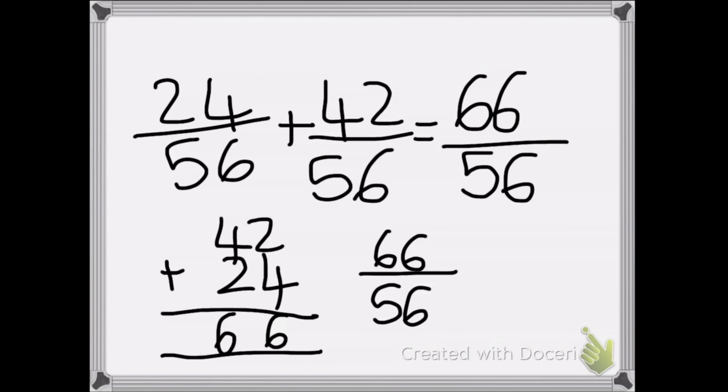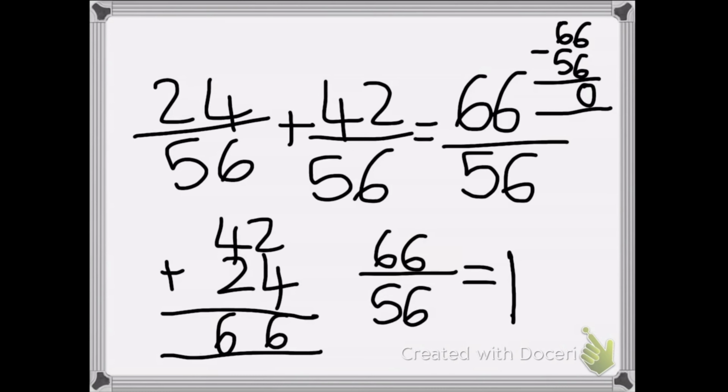But we don't stop there. We convert it into a mixed number. Let's put that aside. Let's write 66 by 56. And let's divide them first. If you divide them, you get 56 once, so we can write that 1. And we need to find the remainder.